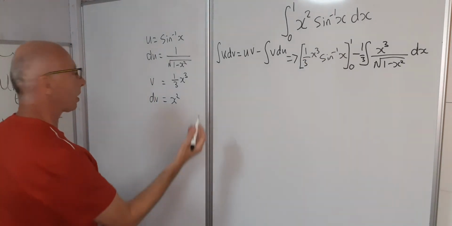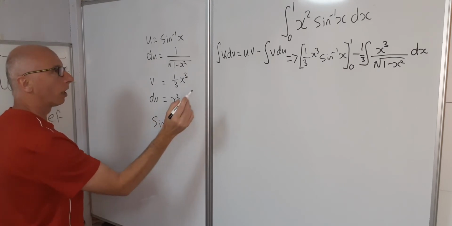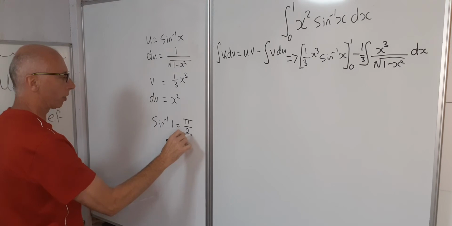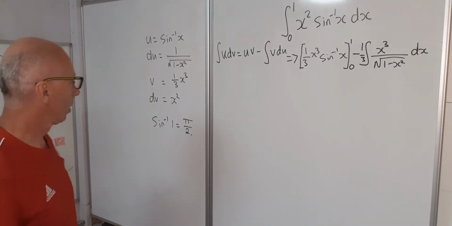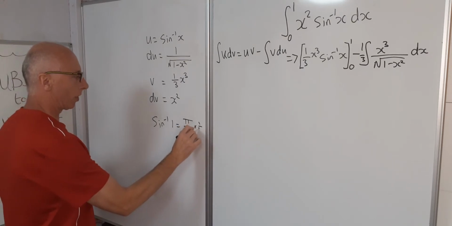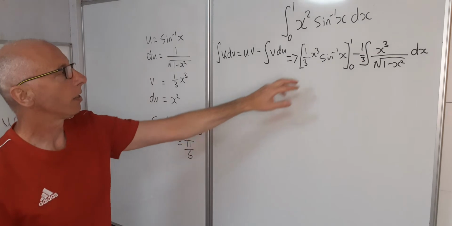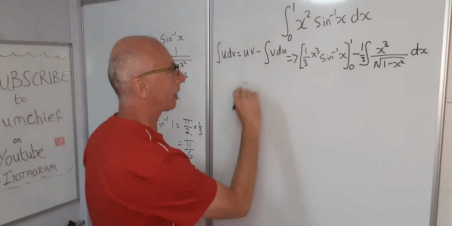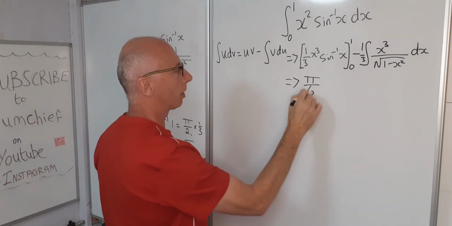So basically sine inverse of 1 equals pi over 2. So that's pi over 2, and that's a third. If we times that by 1/3, we get pi over 6. So this part of the answer here is pi over 6. So let's put that down here.